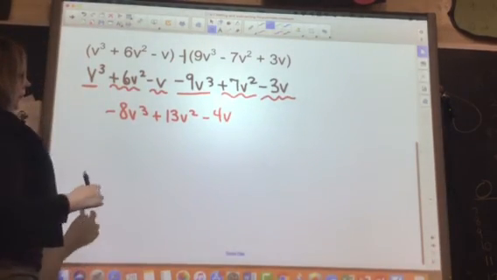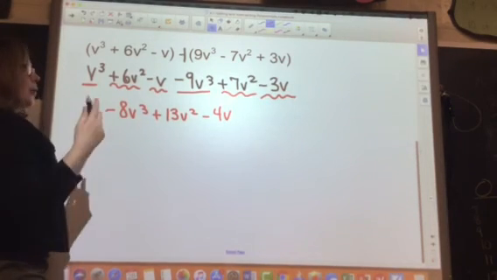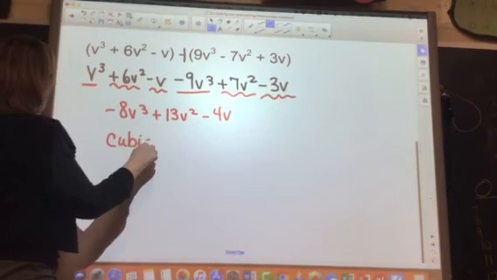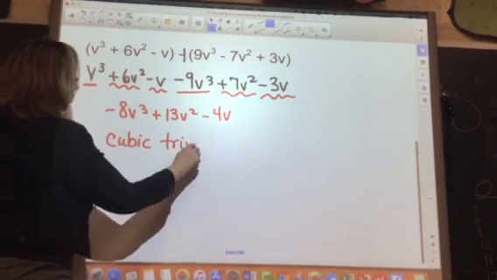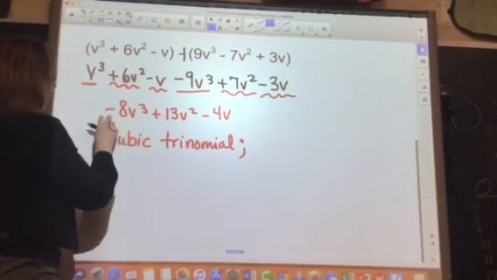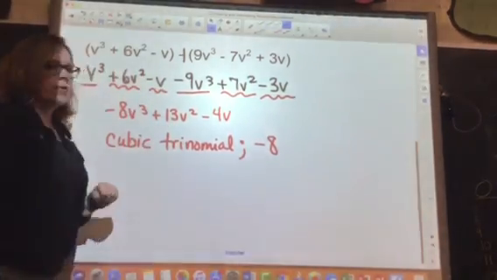So it's written in standard form. My largest degree monomial is first. It's degree 3, that means it is a cubic. How many terms do I have? 1, 2, 3, a cubic trinomial. What is the leading coefficient? The leading coefficient is negative 8. All right, that's it.